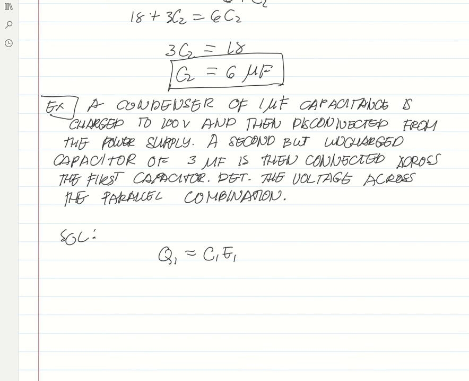So this is the first voltage of capacitor 1, which is the initial voltage. C1 is 1 microfarad. So 1 micro, you multiply it with 100 volts. So the initial charge will be equal to 100 microcoulombs. This is the initial charge in capacitor 1.